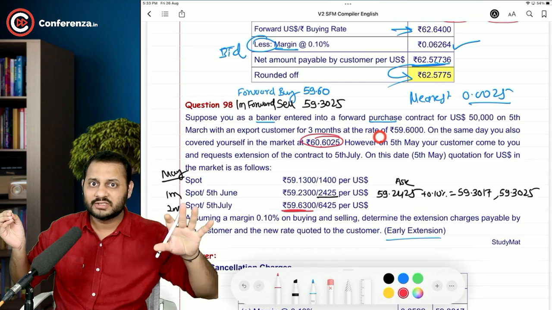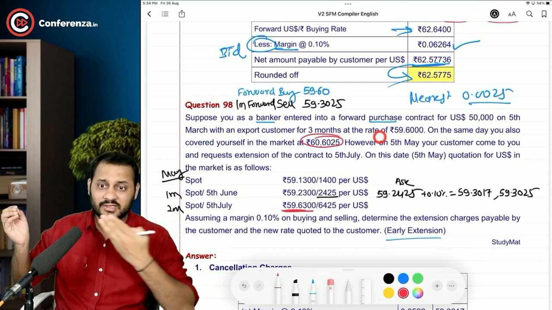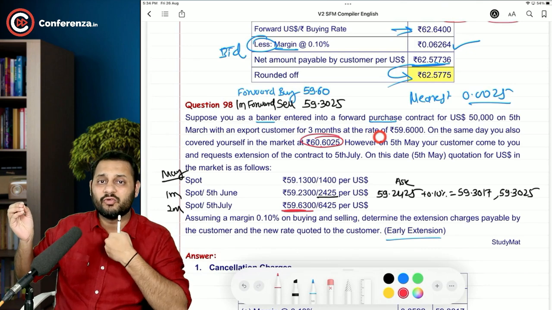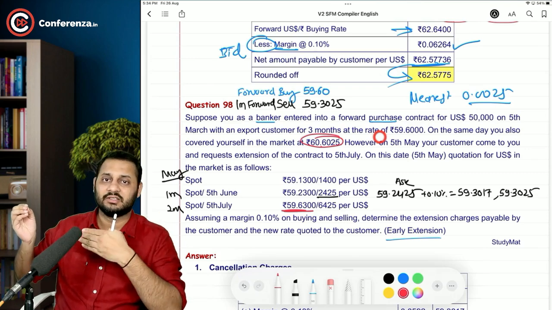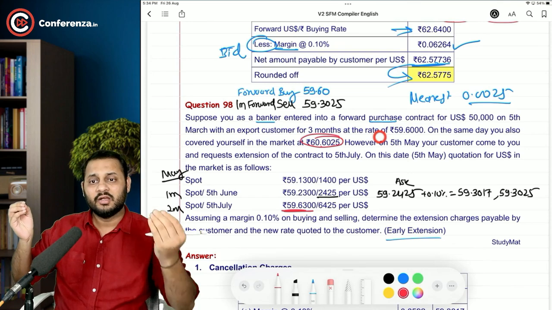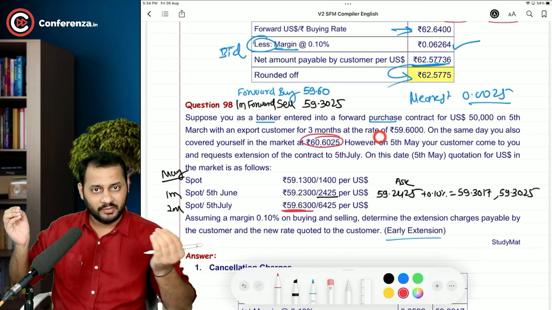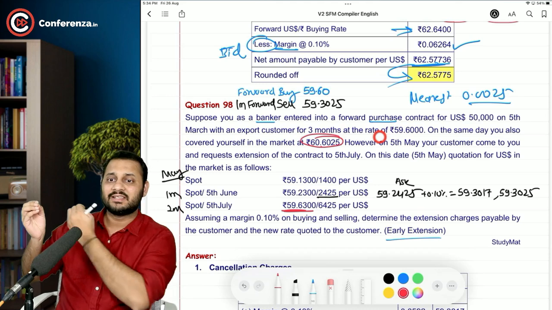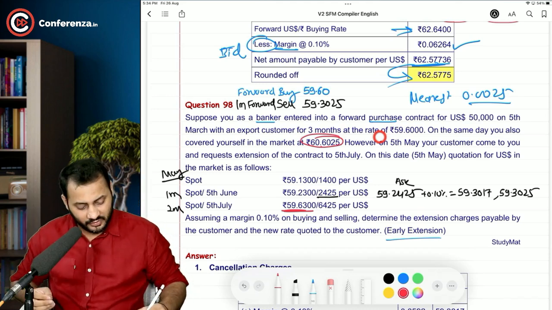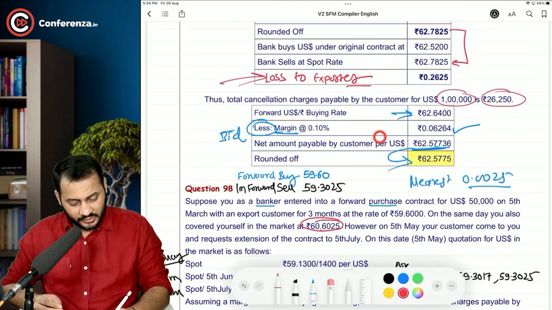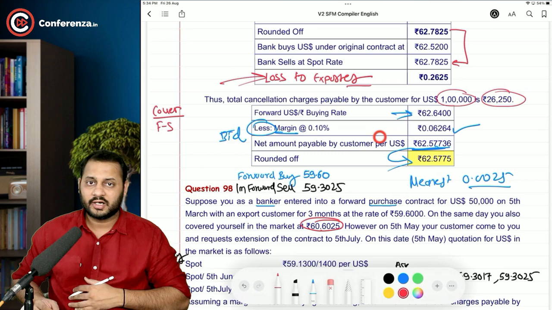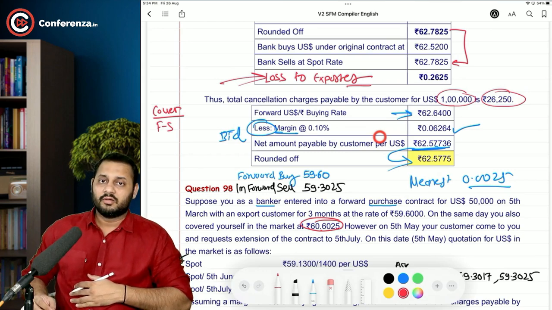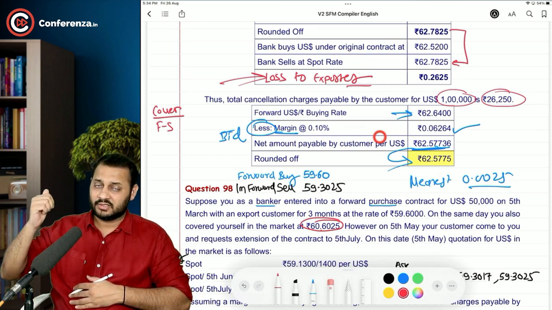So we will do whatever is required with the customer to cancel the contract, but this contract with the other bank is open for us. We are the bank and we have entered into a cover contract. We also have to cancel this. Now understand, from our angle, we had a buy contract with the customer, we had a sell contract in cover market or interbank market, we had a forward sell contract, and now the rates have to be taken from the other bank's angle.